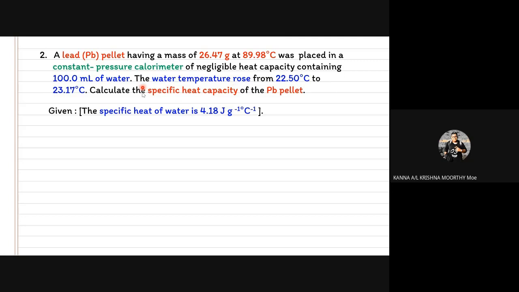Okay. Sebab takut awak nampak constant pressure calorimeter terus awak keluarkan Q solution dengan Q calorimeter. Lepas tu dia cakap negligible, okay, so dia akan rely on Q solution je lah. But then our Q solutions yang kita belajar semalam in simple calorimeter require more than one solution, is it?